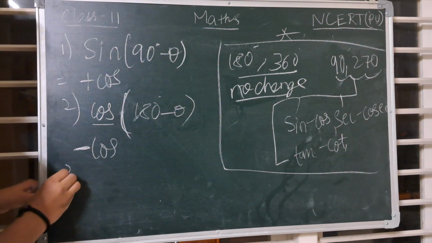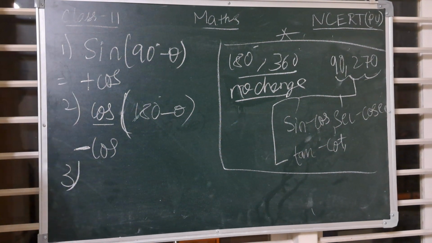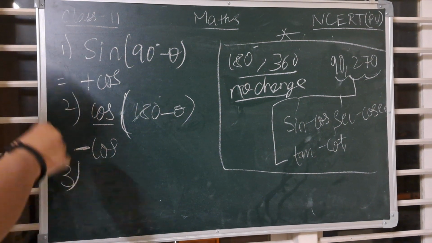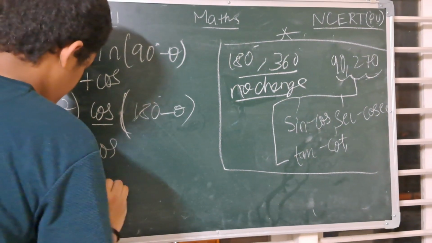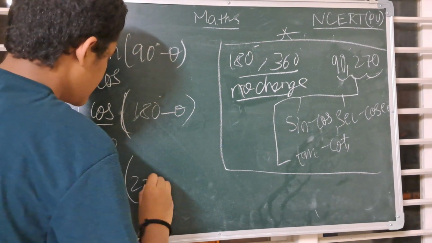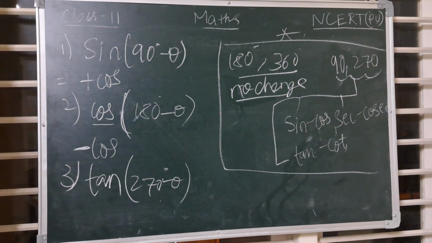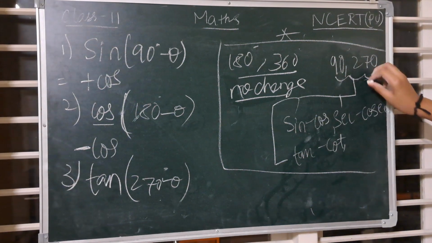Now we'll look at tan. Usually we take sine and cos, but now we'll take tan. Tan of 270 minus theta. If it is 270, we will have a change.